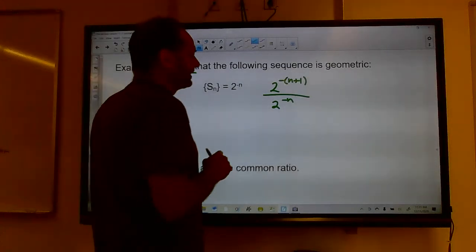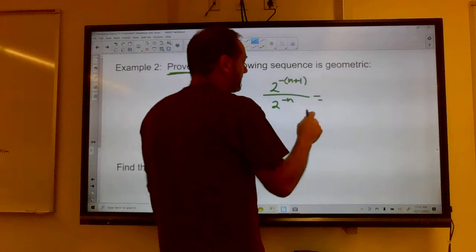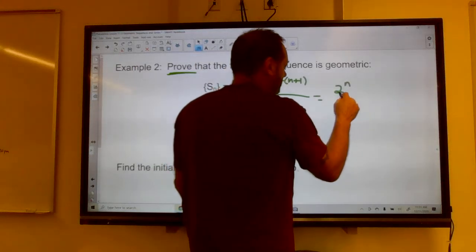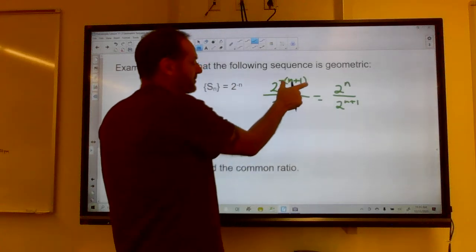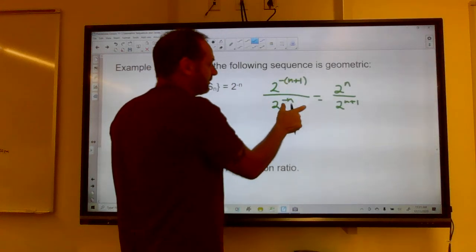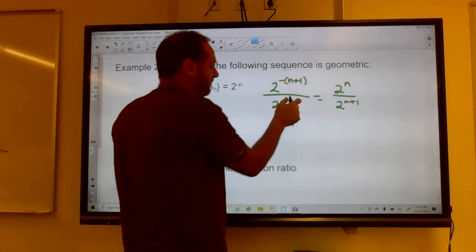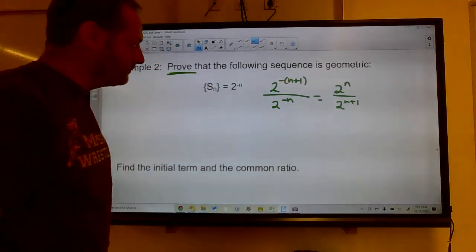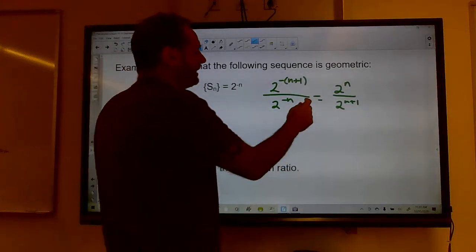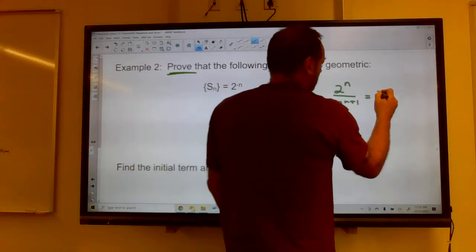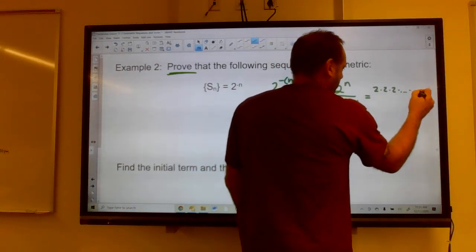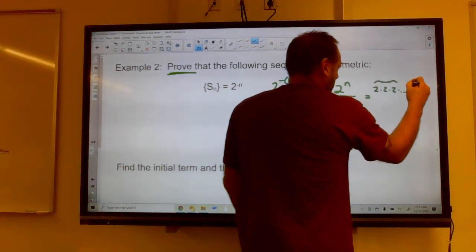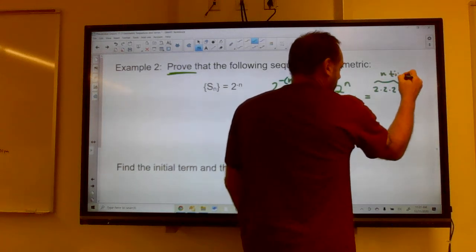Okay, so the first thing that I would do, I would get rid of these negatives. I'd flip this thing over, make this 2 to the n over 2 to the n plus 1. So remember, there's a negative power in the numerator, it goes to the denominator. If there's a negative power in the denominator, it goes to the numerator. Okay, what does this mean right here? Well, this means 2 times 2 times 2 times dot dot dot times 2, n times.